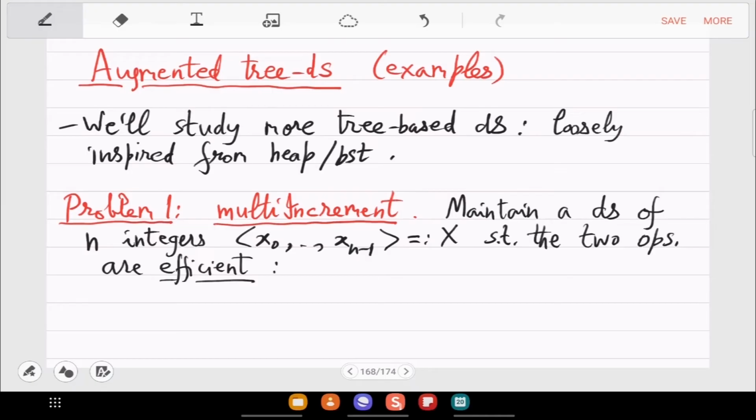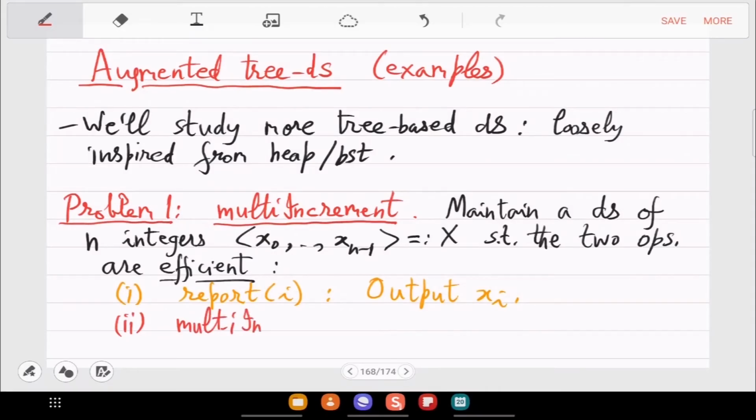So first is report i, which just outputs xi, and second is multi-increment i, j, delta. So you want to add delta to each xk, k from i to j.